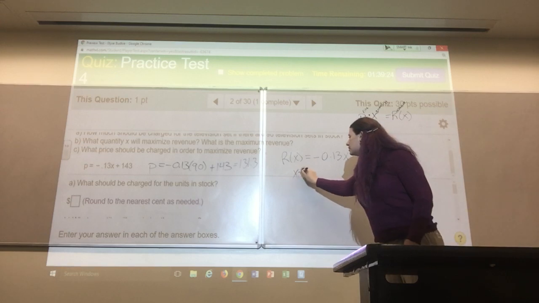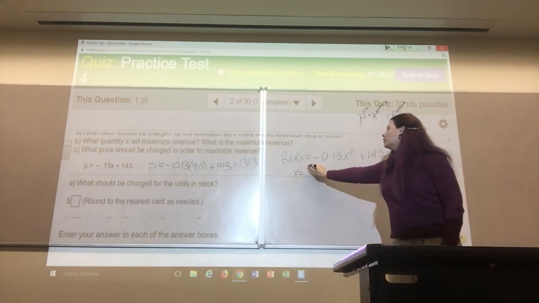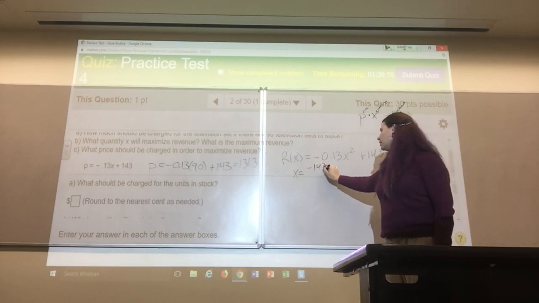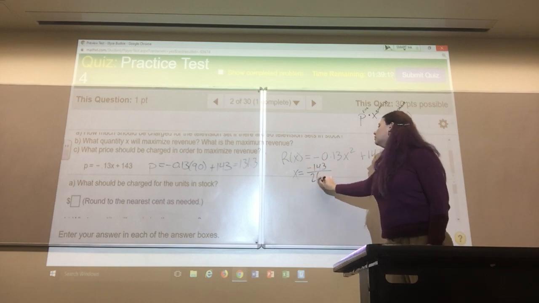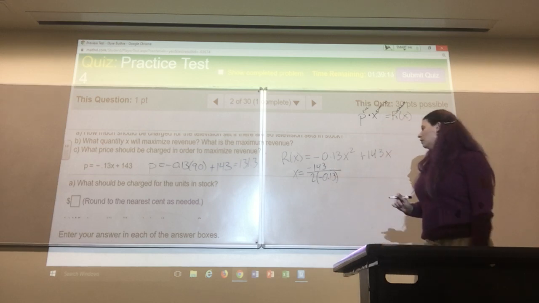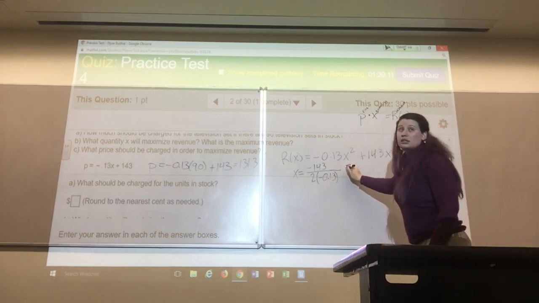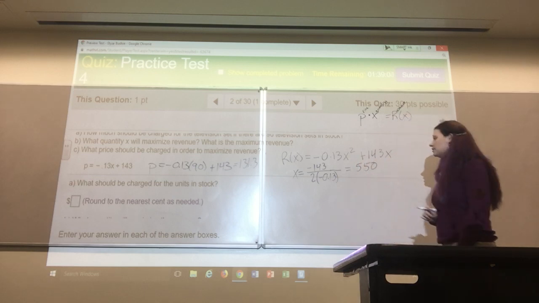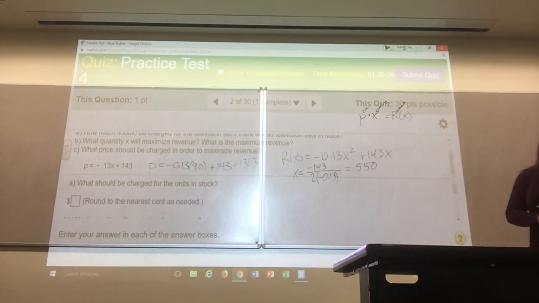That means x is equal to negative 143 over 2 times negative 0.13, which is 550. This is the quantity that maximizes the revenue.